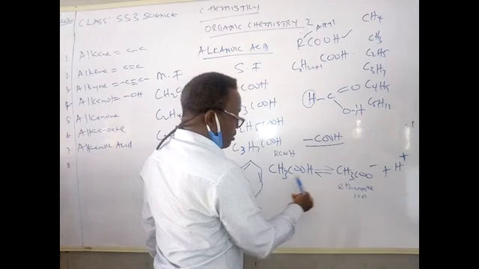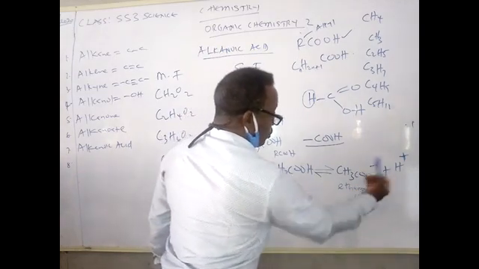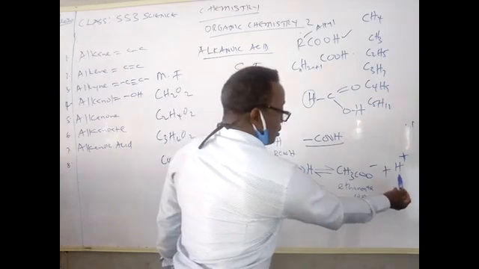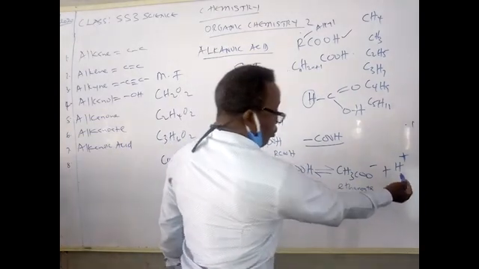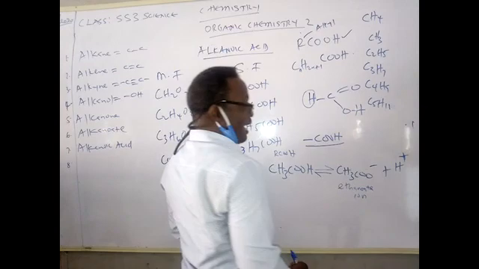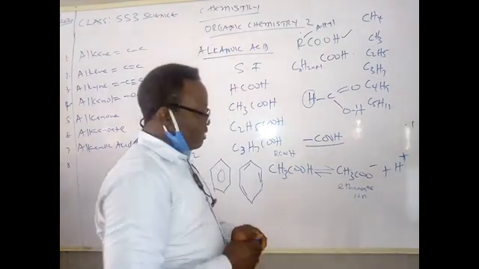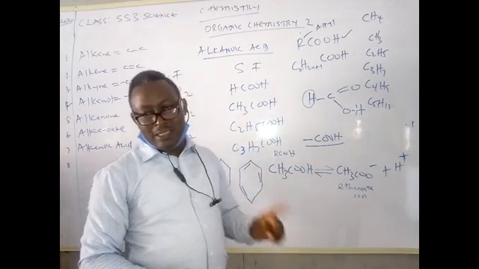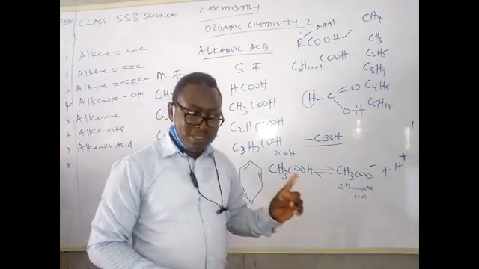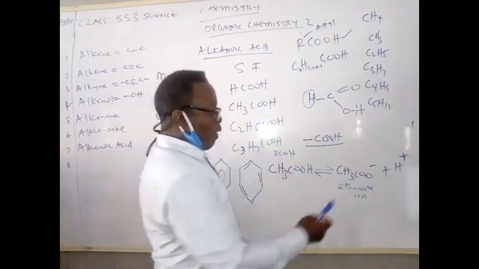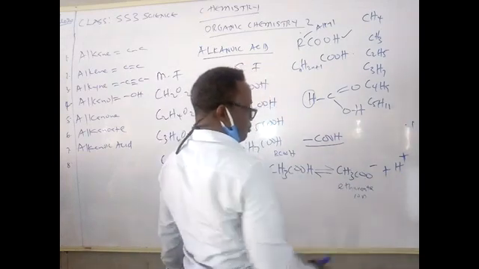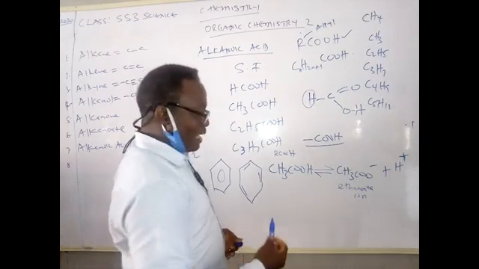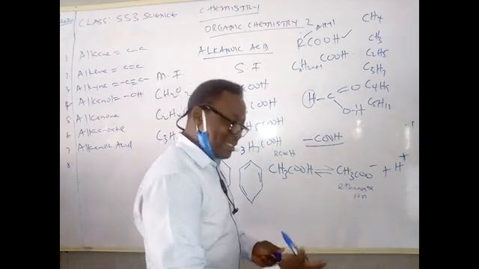So if this dissociates, it will give you 1 mole of hydrogen ion. You could be asked, what is the basicity of ethanoic acid, for instance? The basicity of ethanoic acid is 1, or you can say monobasic, meaning it has 1 replaceable hydrogen ion in 1 molecule of the acid. Now we can have ethane dioic acid.